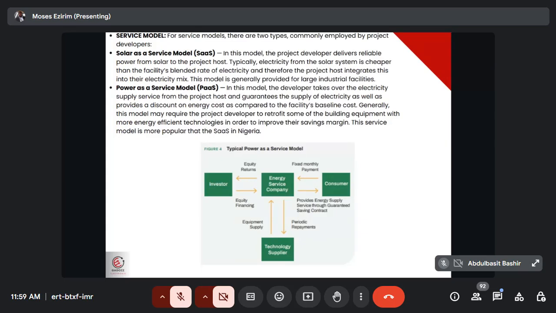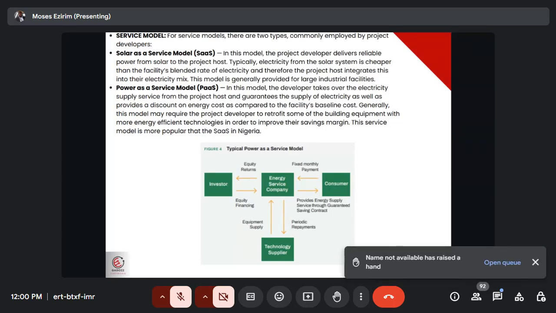So what I will simply do is that I will do the analysis. This client is using grid, is using diesel generator, and is paying 5 million in a month. That is, I've calculated the grid cost and the diesel, everything is around 5 million in a month. And I'm coming in, I'm bringing in my solar, doing the installation and everything. I'm taking over the whole supply of electricity.